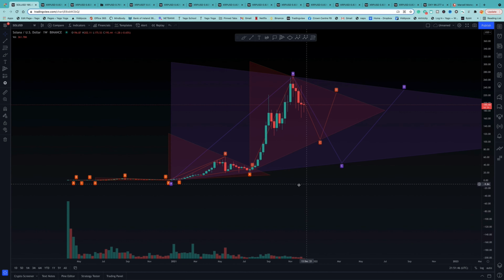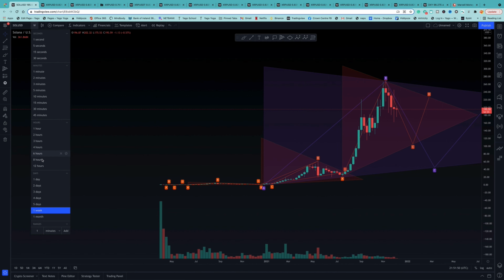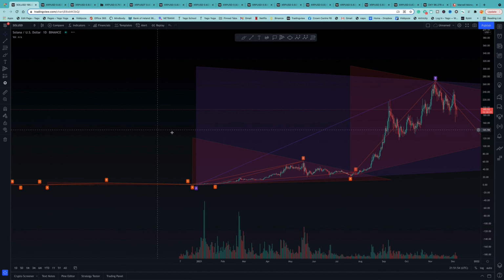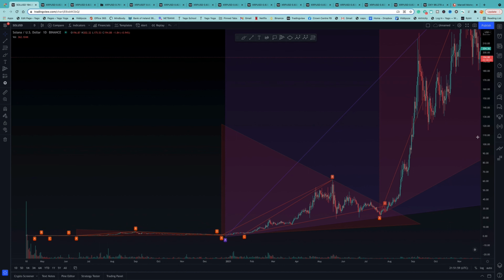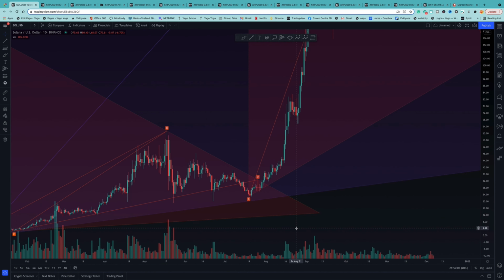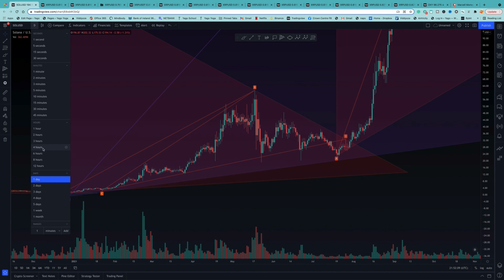Okay, so now we got to go in. There's the week. Here's the day. I'm going to zoom into this one, because these are long. You can do very long trades over these, but you can't do daily trades. So now I zoom into the 4 hour.